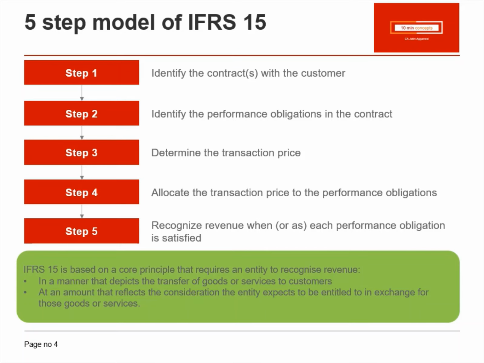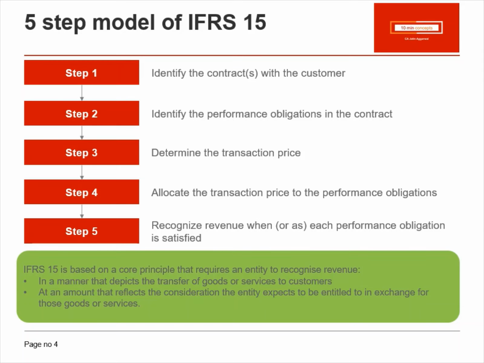And finally, step number 5, we recognize revenue as and when goods or services are transferred from the entity to the customer, right? Now, the underlying objective of this 5-step model is to recognize revenue at an amount that reflects consideration that the entity expects to be entitled to in exchange for those goods and services.